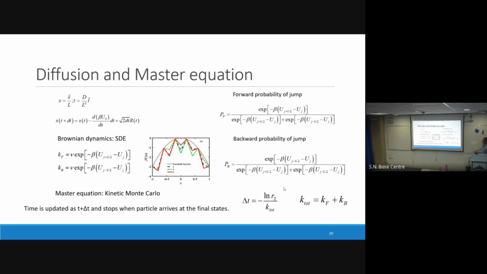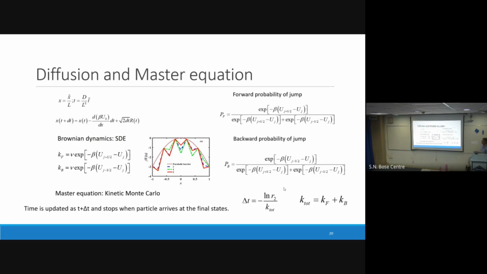If one uses this type of microstate model and starts from the extreme left position of the microstates and wants to go to the extreme right position, then this equation will be used. Depending upon the probability, you can choose the forward or backward jump. If you start from the extreme left and go further left, then the trajectory is cancelled or not considered. If you go forward and ultimately reach the extreme right, then the trajectory is considered.